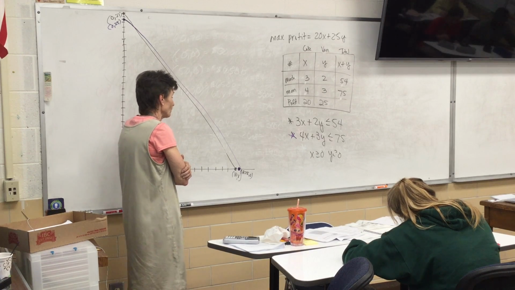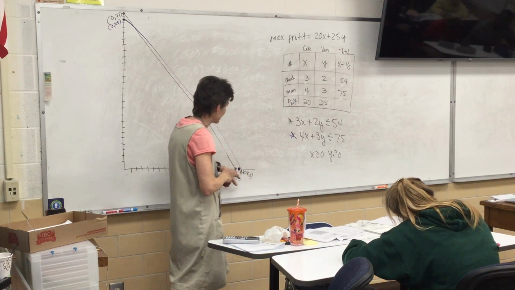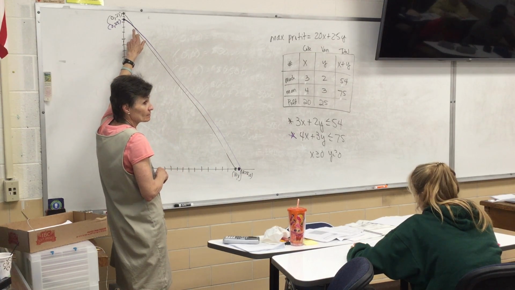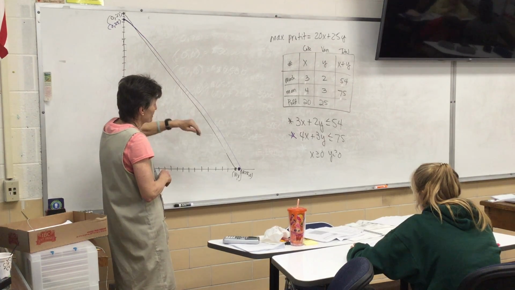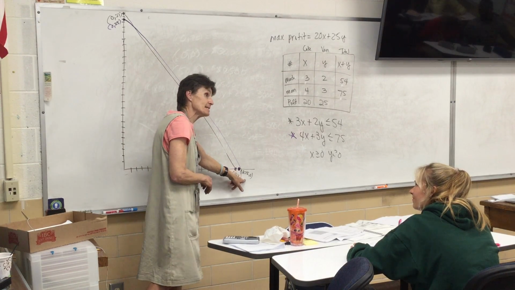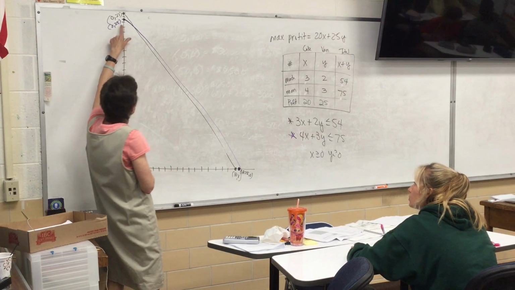I did black and purple this time, and for my black equation, I had intercepts at 18 and 27. And of course, that's supposed to be a straight line, but mine looked terrible. Purple, I had intercepts at 18.75 and 25.